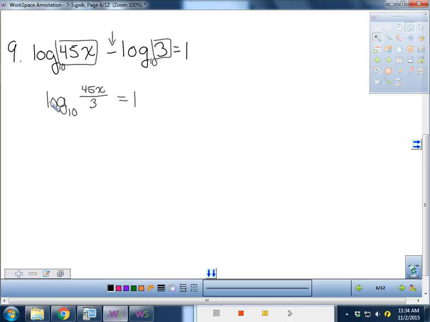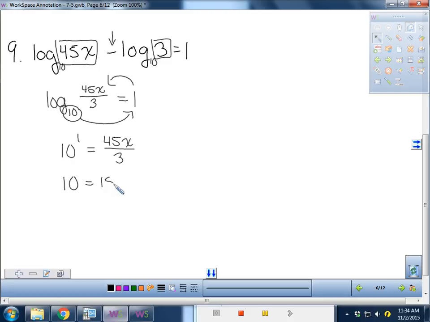So now you have 1 log. Now you want to get rid of that log so that you can solve for x. So you rewrite it in exponential form. That would give you 10 to the first equals 45x over 3. So whatever you can simplify, you need to simplify. So if you notice, 45 divided by 3 is 15. 10 to the first is just 10.